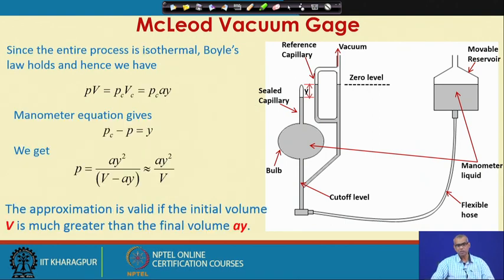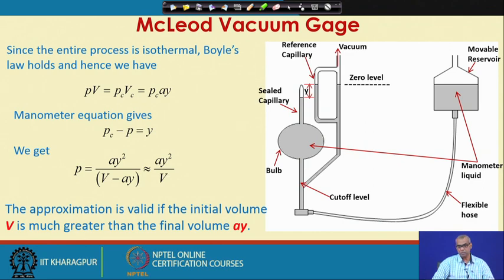Since the entire process is isothermal, Boyle's law holds, and hence we can write P1 V1 equal to P2 V2. So, you write P into V, where P is the pressure before compression and V is the volume before compression.